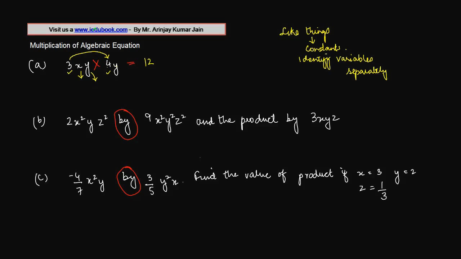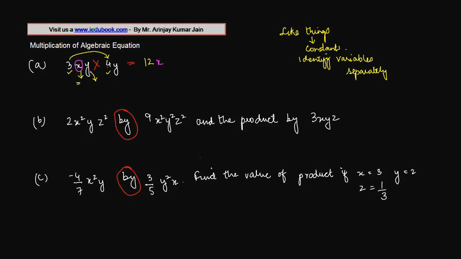In the second one, again it is y only, so there are two variables. What you do in these cases is you multiply one variable in the first number with the same variable in the second one. Now incidentally we have x here, but we don't have x here. So x is not to be multiplied by anything else, so we take it as 1 only, so x will come as it is, right?